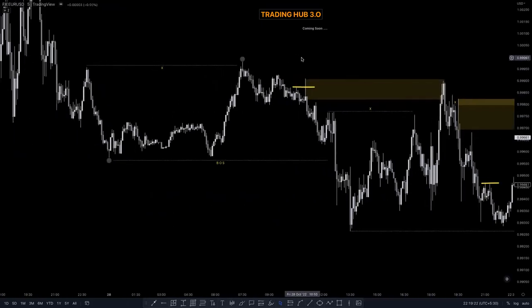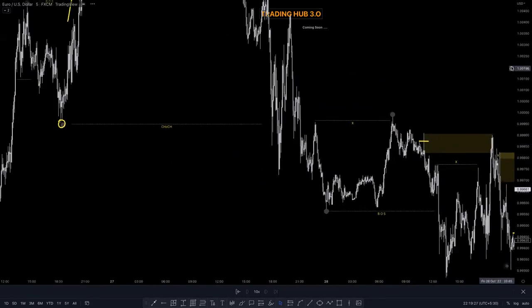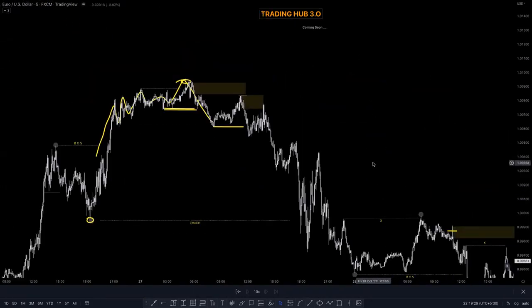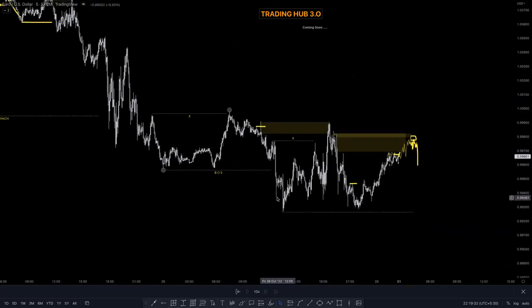You can backtest any part, here and here, anything.